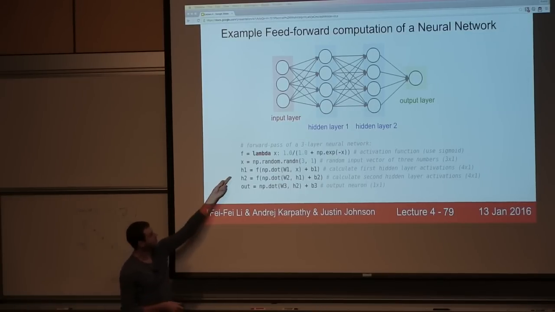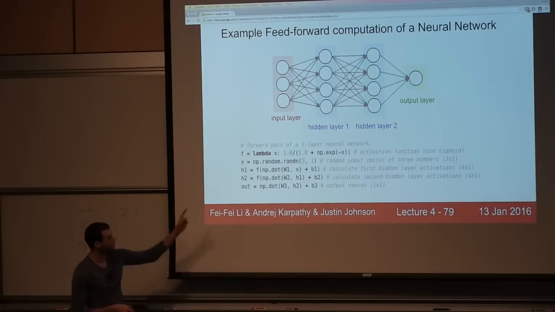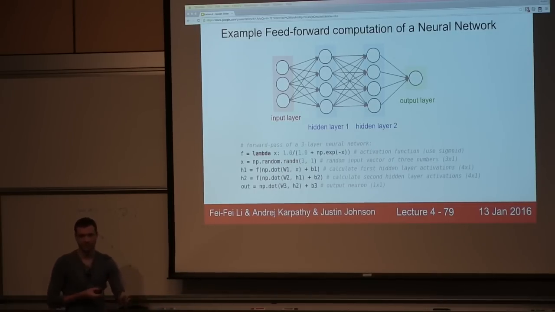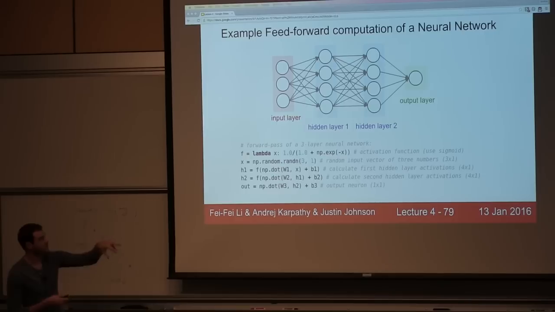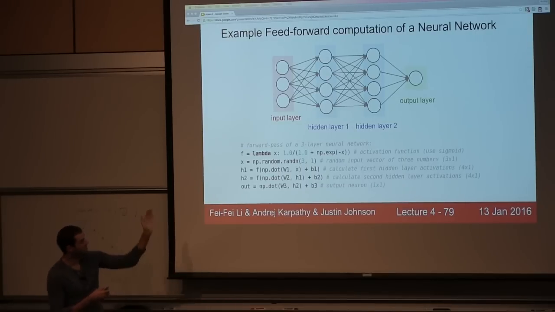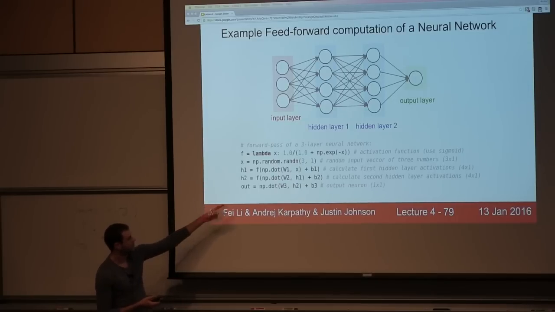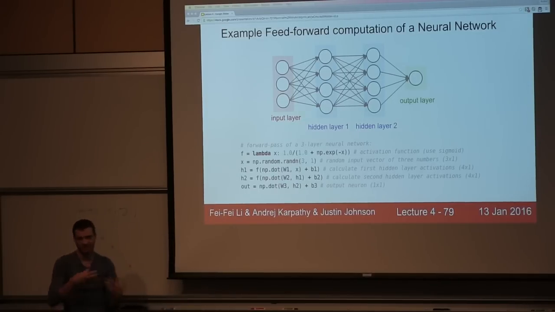So we can compute an entire set of neurons in a single hidden layer at a single time as a matrix multiply. That's why we arrange them in these layers, where neurons inside a layer can be evaluated completely in parallel, and they all see the same input. So it's a computational trick to arrange them in layers. This is a 3-layer neural net, and this is how you would compute it: just a bunch of matrix multiplies, each followed by an activation function.